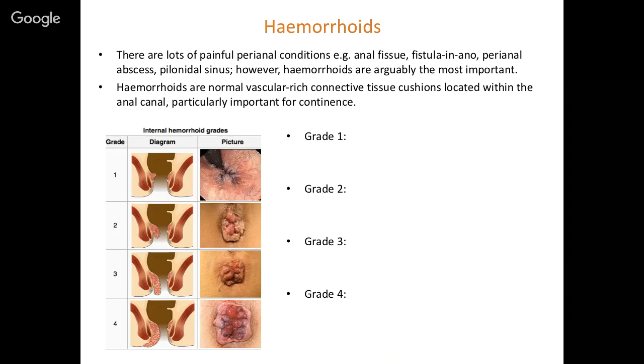Grade 2 would prolapse, but they're spontaneously reducible, so they'll come out and then go back in. Grade 3, they prolapse and require manual reduction, whereas grade 4 is thrombosed hemorrhoids as well. And that influences management.